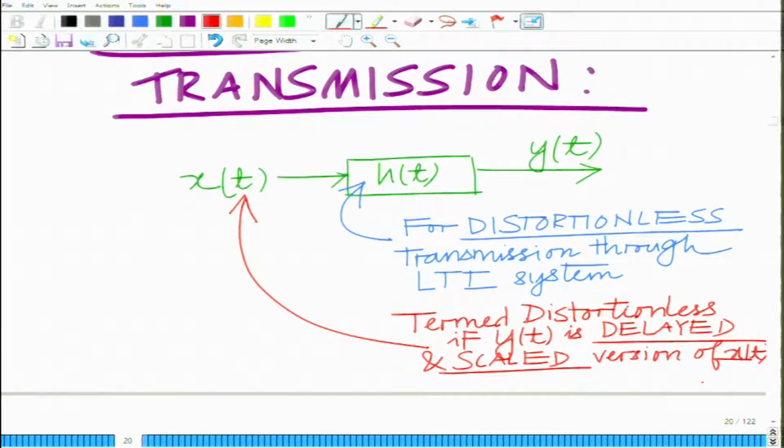So, what we mean to say by this is, if you transmit x(t) through this LTI system, we call this LTI system distortionless if the output y(t) is simply a scaled and possibly delayed version of x(t).